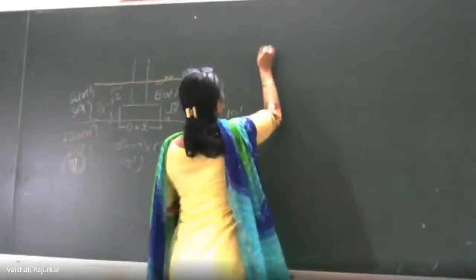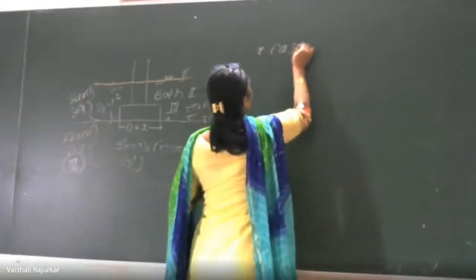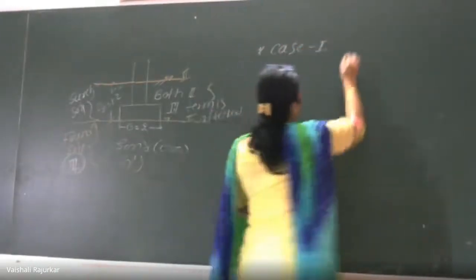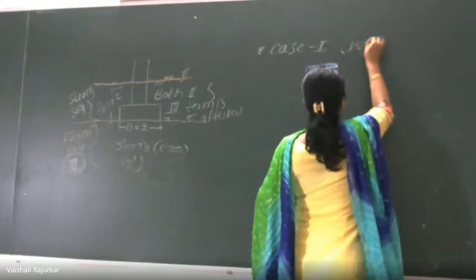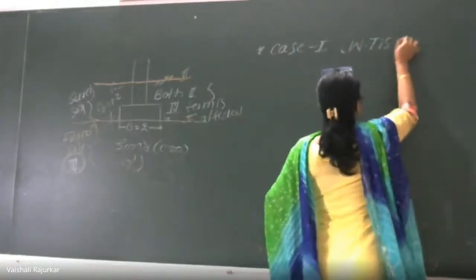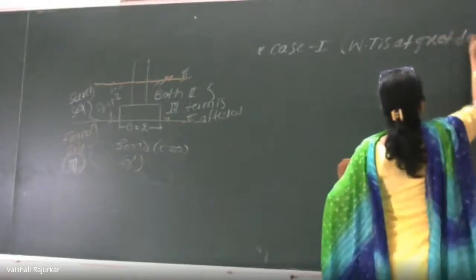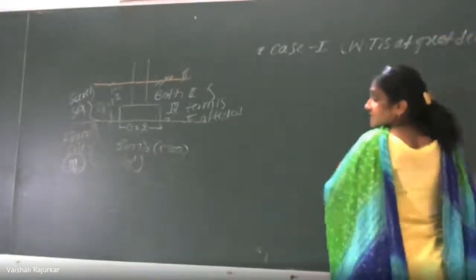So first case, case 1. Which is case 1? Case 1 is water table is at grade depth. Again, the soil is given as a sandy soil.